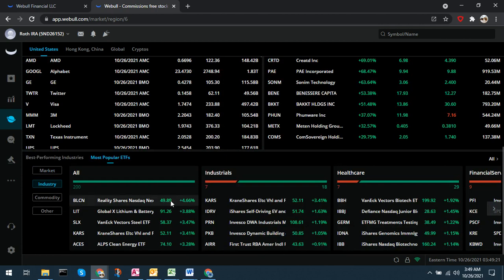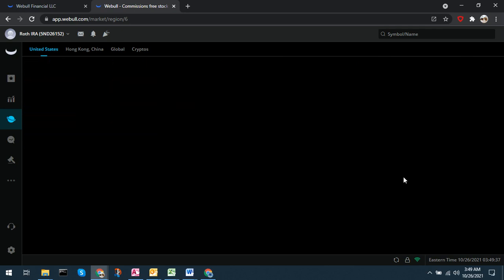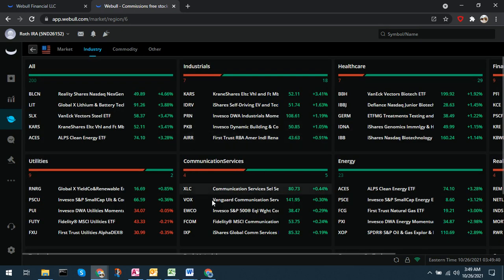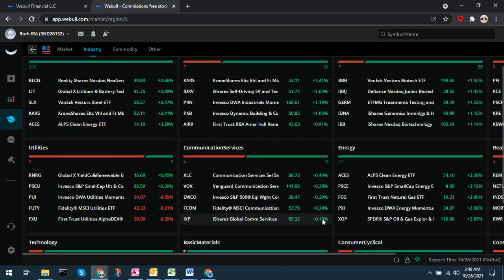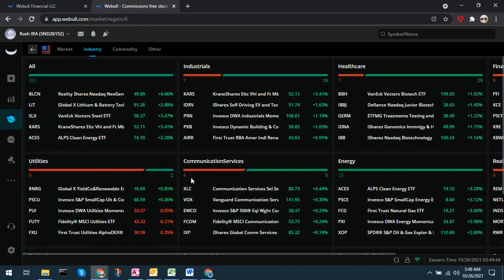Similarly, we can see the most popular by industry, how many advancers, decliners, what are the most popular ETFs in that industry, and we can get a feel for longs and shorts in a given industry. We can select All, scroll through them by industry, again see advancers and decliners in each industry.